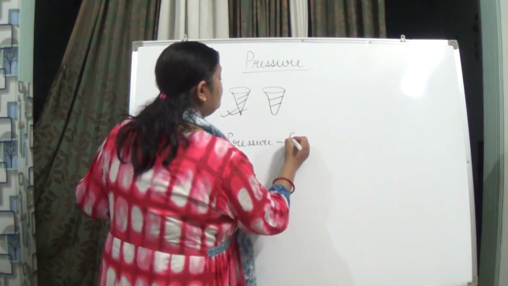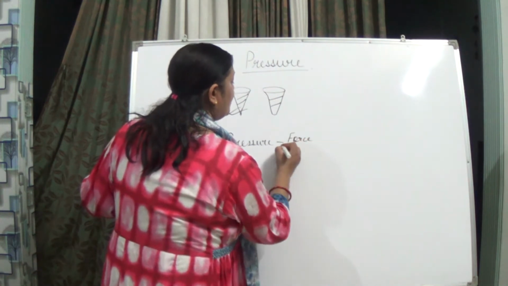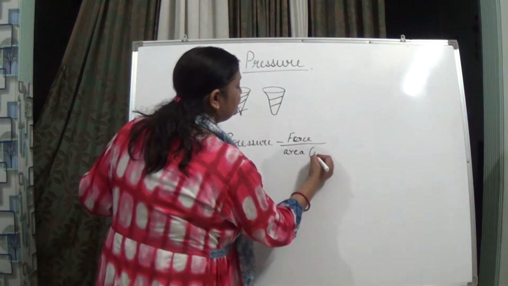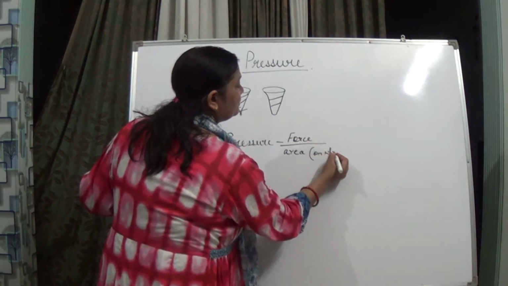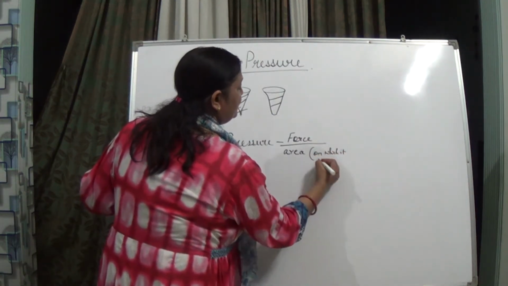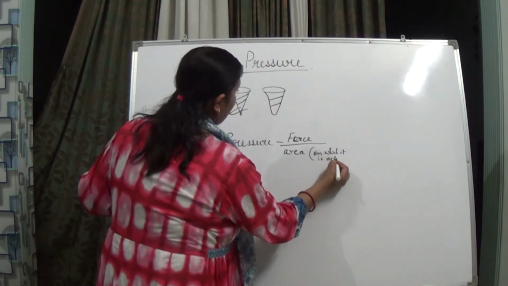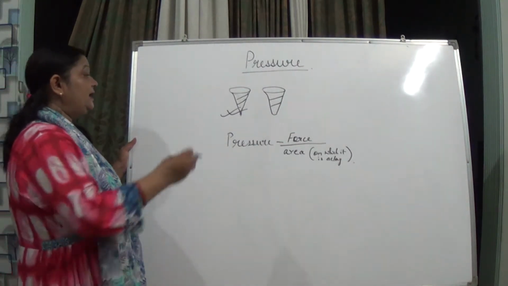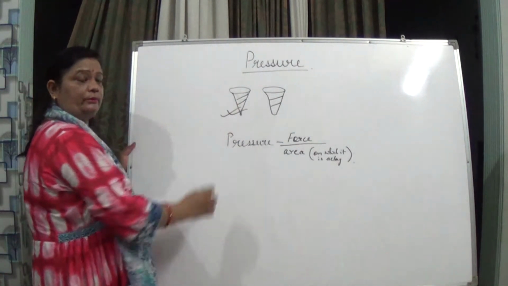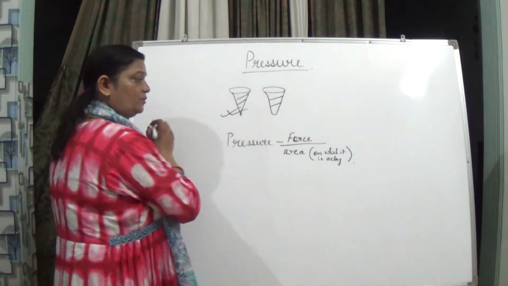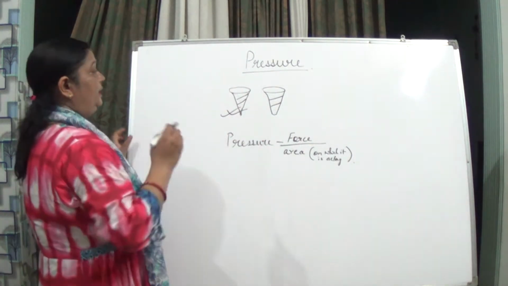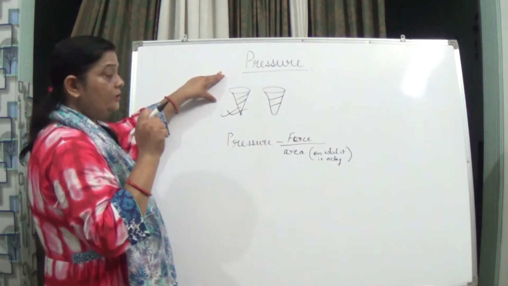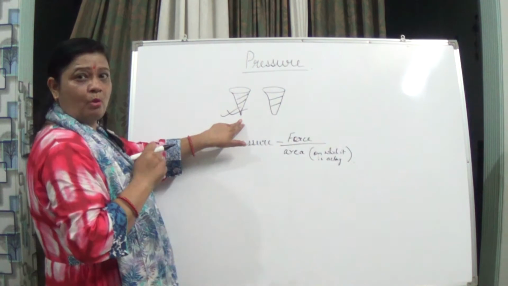It means force upon the area on which it is acting. So this is the reason. Here the pressure is more and over here it is less, because we are applying force and the area is small over here.